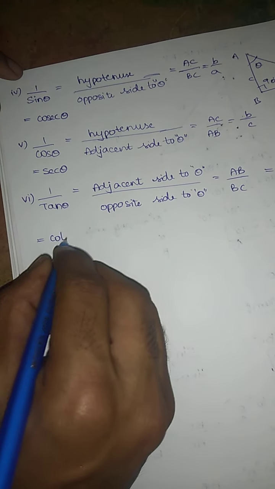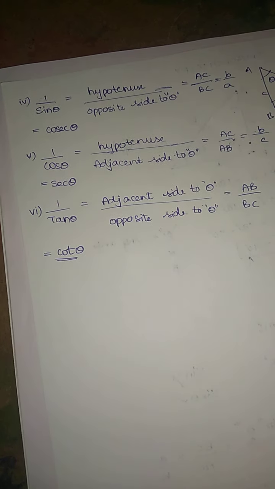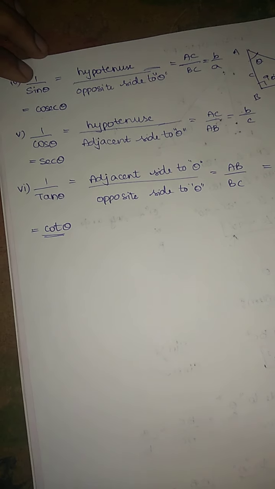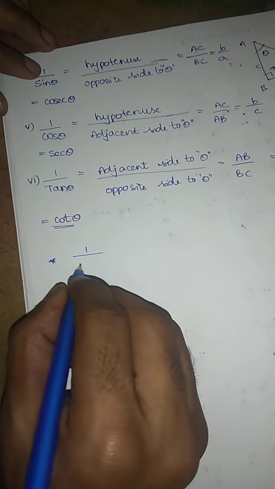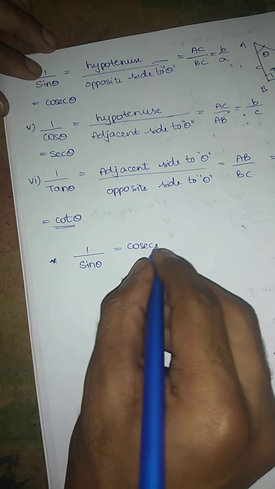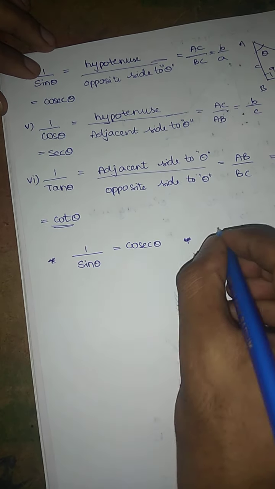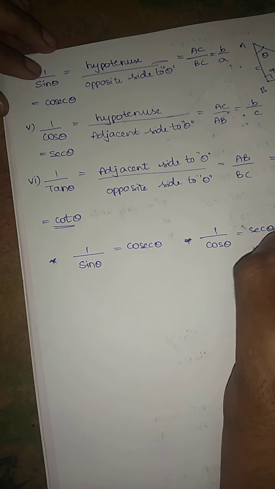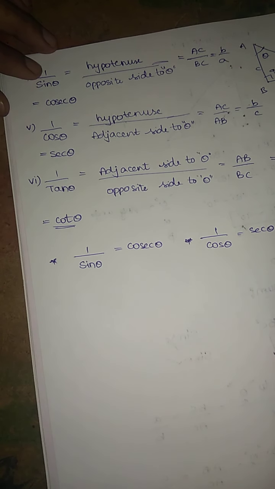And the reciprocal of tan theta is cot theta. I'm going to quickly write the reciprocals here. If it is 1 by sin theta, then it is cosecant theta. If it is 1 by cos theta, it is secant theta. If it is 1 by tan theta, then it is cot theta.